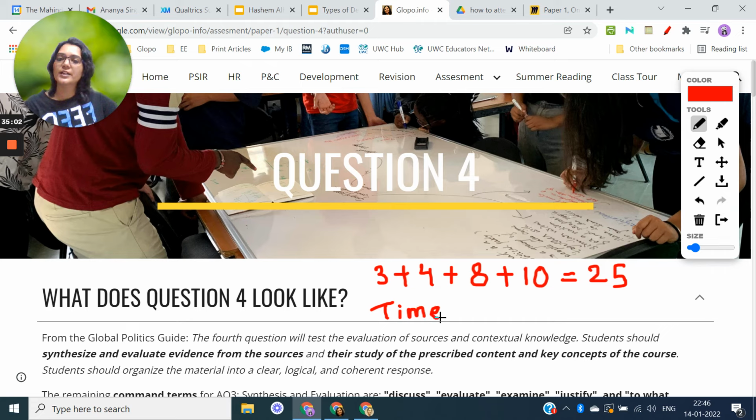The tentative time or the duration to write each question. This is not requested by IB, but this is suggested by some of the teachers, what we are recommending, so that you do not give a lot of time for question number 1 and 2. Remember, because this is for the higher side, right? 8 and 10. So you need to distribute your time accordingly.